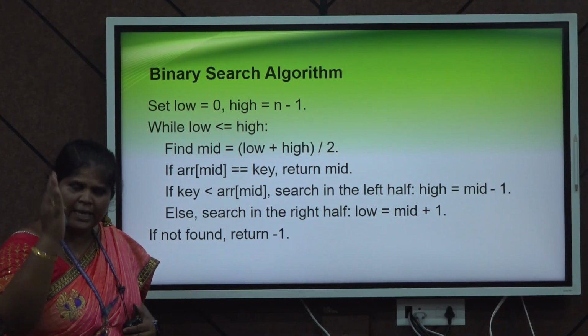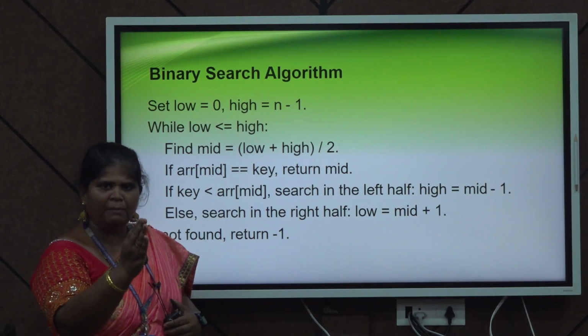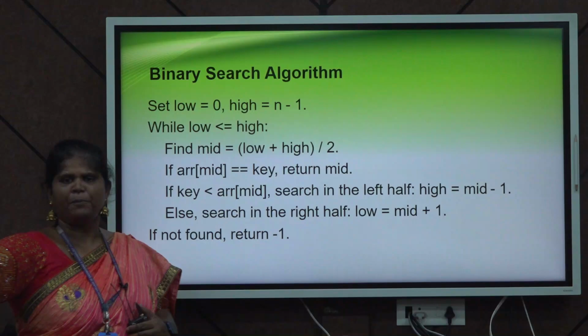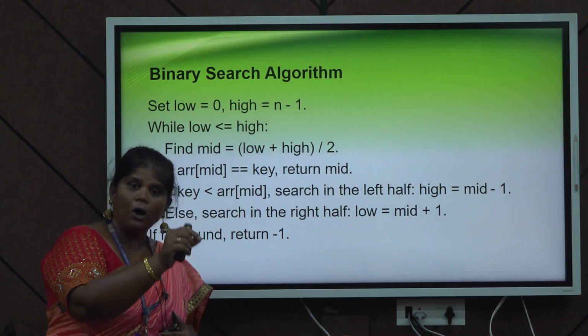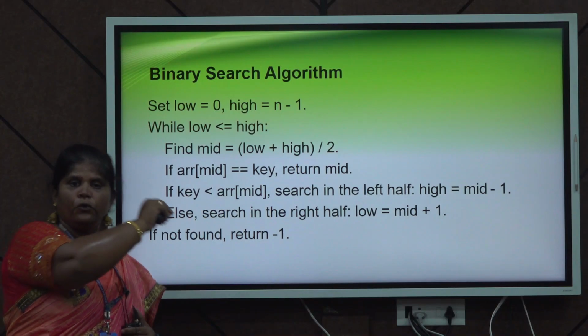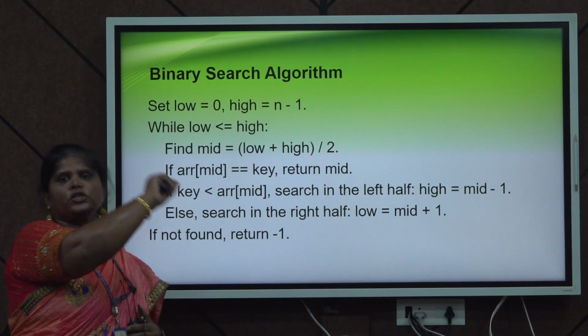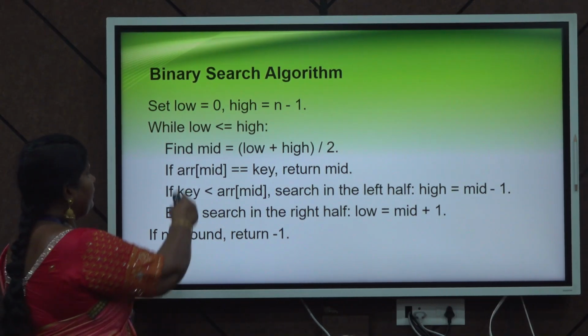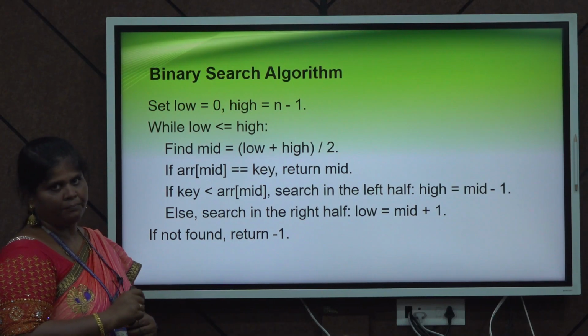So if your searching element is less than the mid element, you can set the high pointer to mid minus 1. Or if your element is greater than the mid element, you can move the low position to the mid plus 1 position. That is given in this procedure.